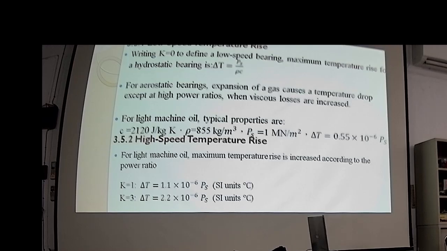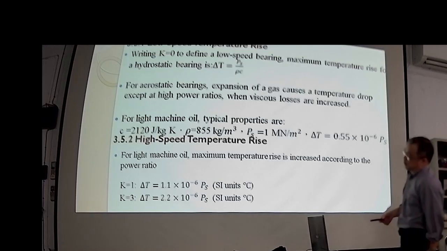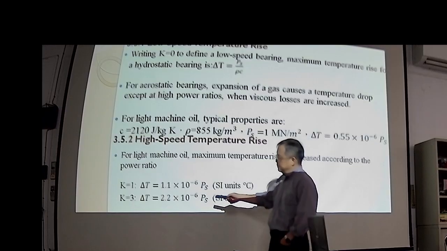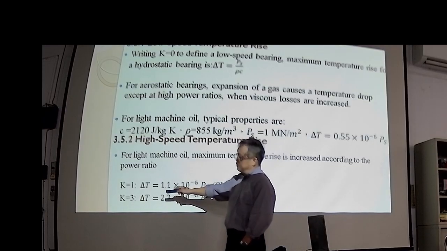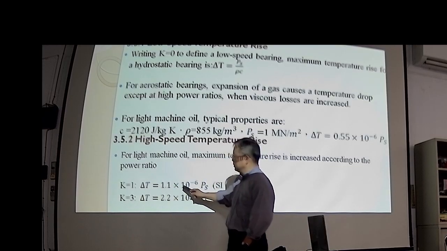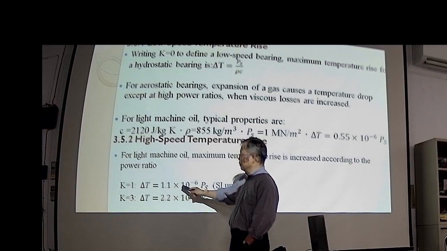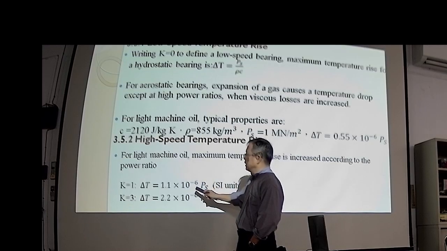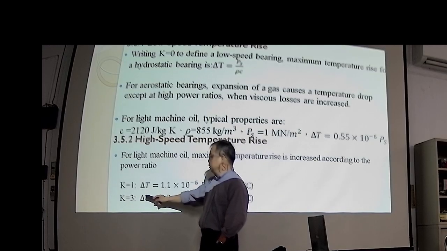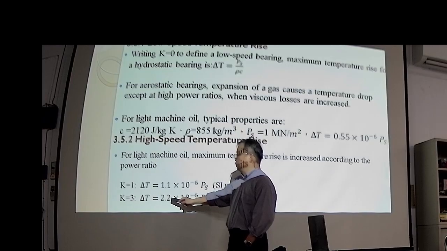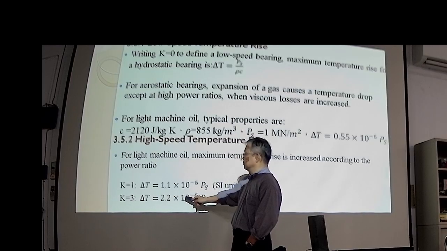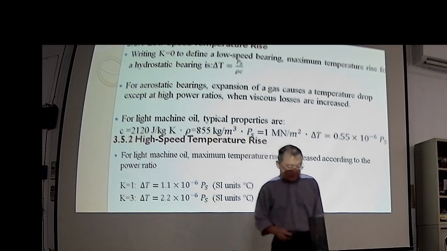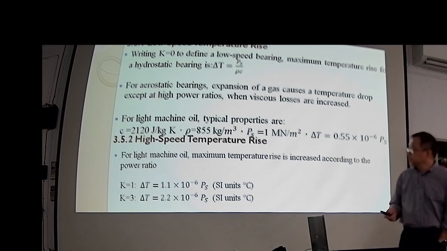So here we have also some example here. Just let you know the temperature rise. Okay. For K equal to 1, the delta T is equal to 1.1 multiplied by 10 to the minus 6. And K equal to 3, the delta T will be equal to 2.2 multiplied by 10 to the minus 6.